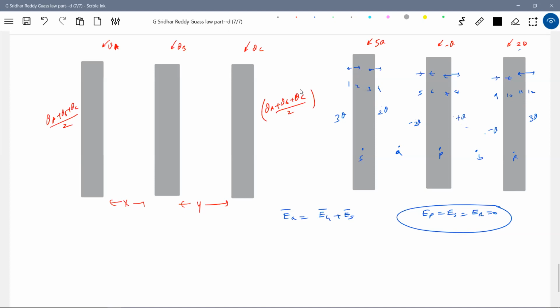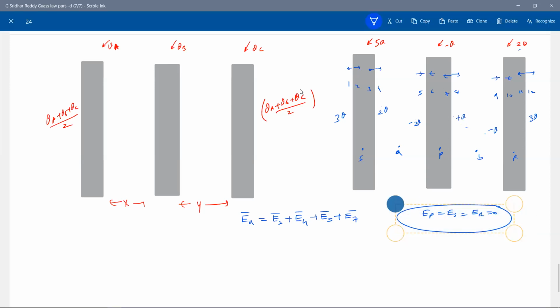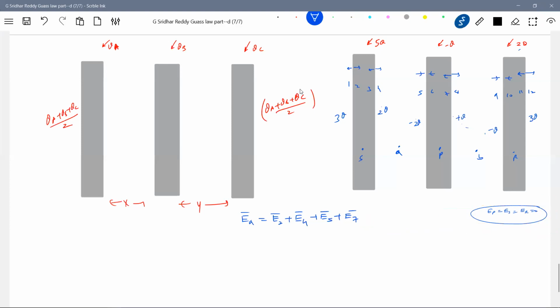E2 and E11 will get cancelled out, so group E2, E11, then E7, E9. So this will be 0, this will be 0.